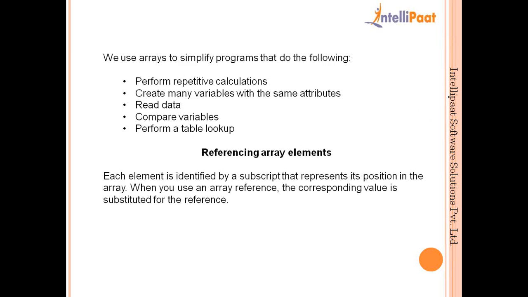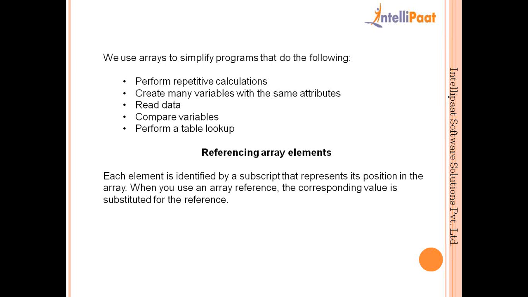Now, we use arrays to simplify programs that do the following: perform repetitive calculations, create many variables with the same attributes, read data, compare variables, and perform table lookups. Now, how to reference an array element, that we are going to see. Each element is identified by a subscript that represents its position in the array.